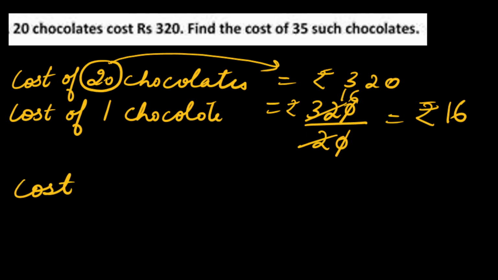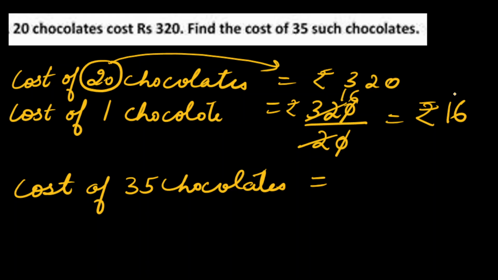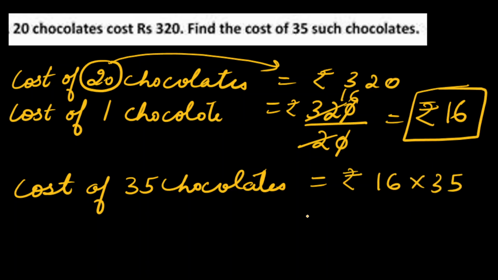Then what do we have to find? The cost of 35 chocolates. So the first step, division, is done. Now multiplication: 16 into 35. Let's multiply. 35 into 16. 6 into 5 is 30. 18, 19, 20, 21.